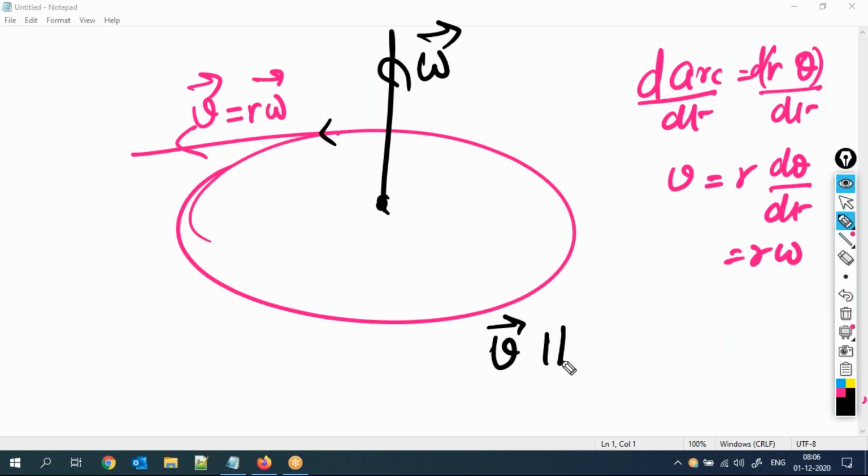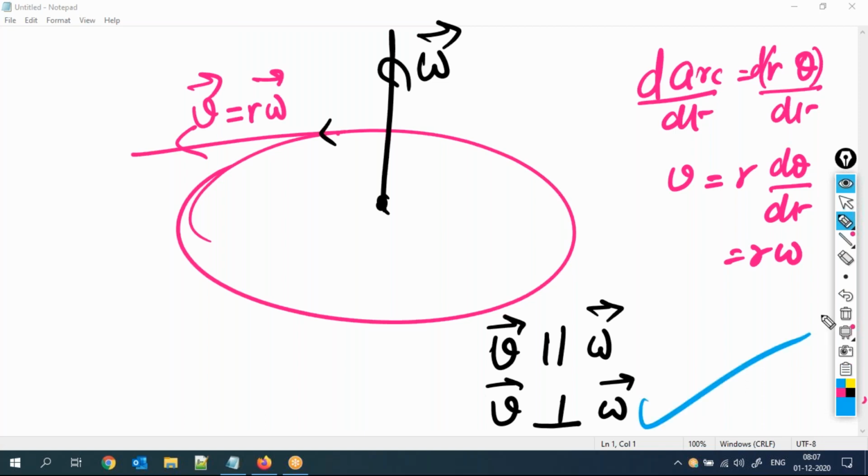So V is parallel to omega or V is perpendicular to omega? Sir, V is perpendicular to omega.